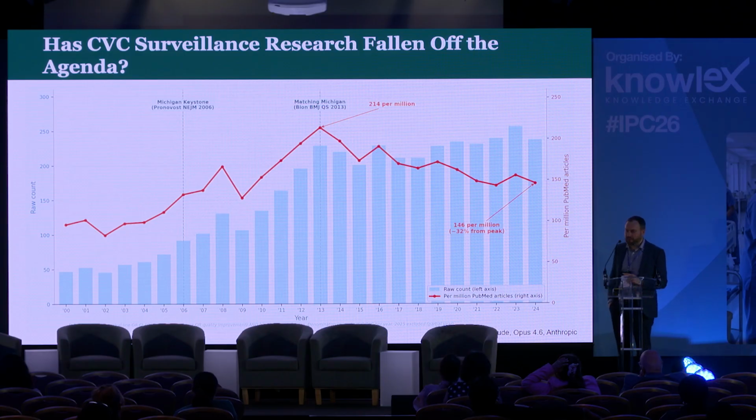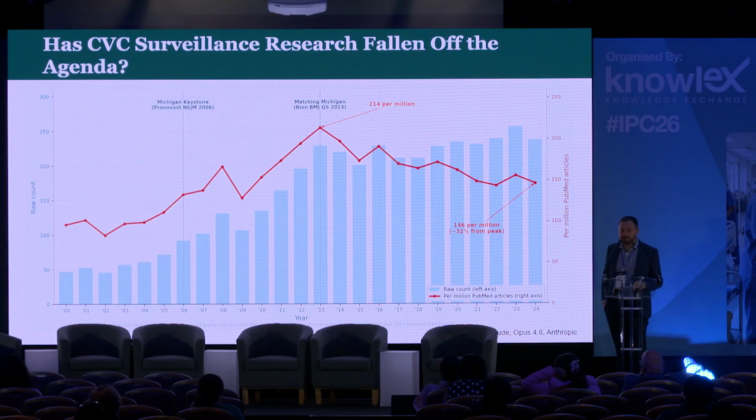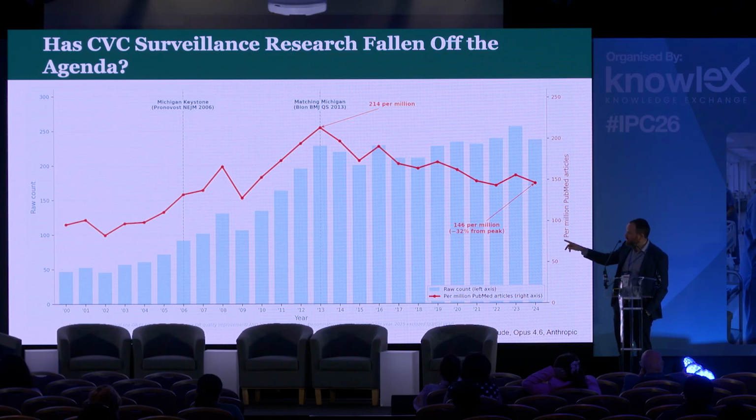So I used Anthropic and asked it to plot a graph of publications related to central line infections and CVC infection surveillance. It plotted an interesting bar chart, which shows a huge increase in publications up to the Matching Michigan project in 2013, and then the bars level off.